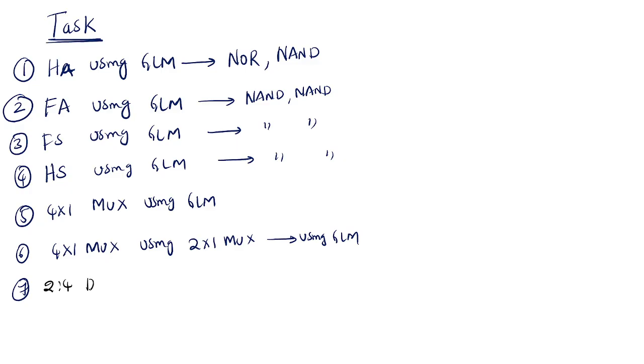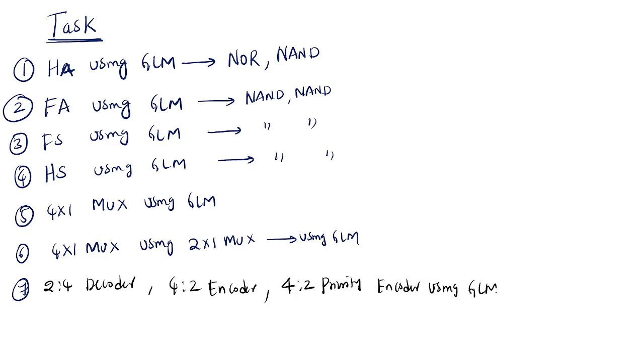And 4 is to 2 encoder, and 4 is to 2 priority encoder, using GLM, gate level modeling. So by next week I want this.